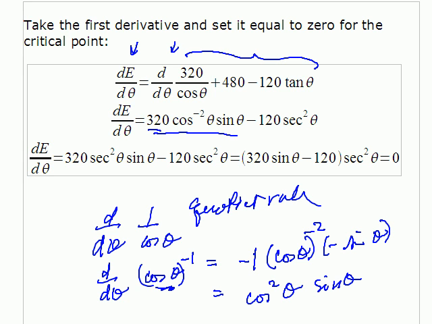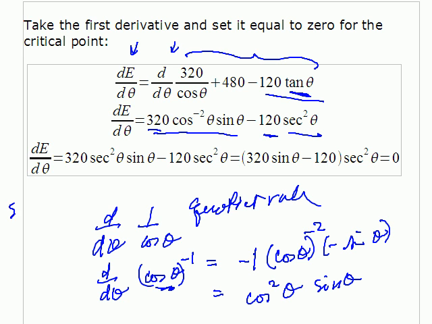That's what this is. Now, the derivative of 480. 480 is a constant, so its derivative is 0, and it doesn't even appear here, although you could write plus 0 if you want. Now I'm going to take the derivative of 120 tangent theta. The 120 is a constant, sits out in front. Derivative of tangent theta is secant squared theta. Right? Now I can do a little bit of algebra with this.